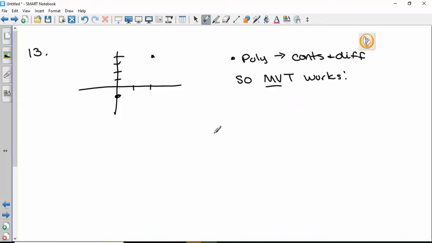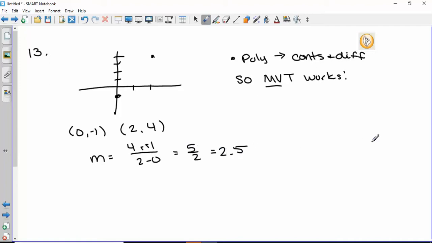Mean value theorem tells us that somewhere the derivative is equal to the slope between the endpoints. So my endpoints were 0, -1, and 2, 4. If I did this slope, y2 minus y1 over x2 minus x1, I have 5 over 2, or 2.5. So the mean value theorem tells me that somewhere my derivative has to equal 2.5.